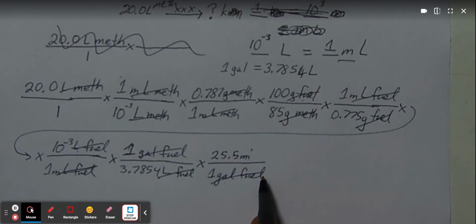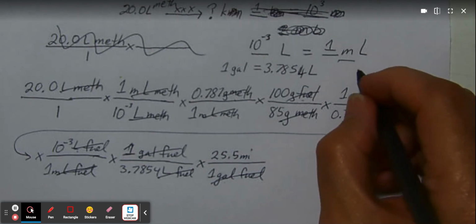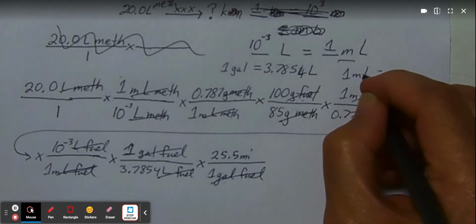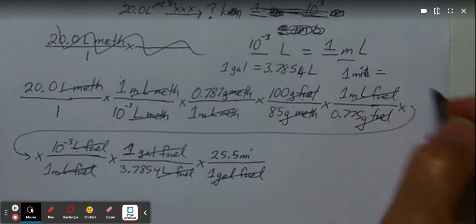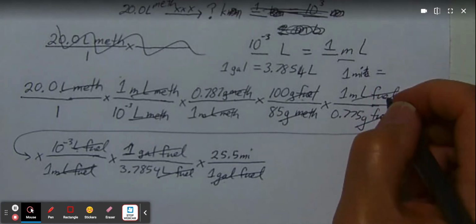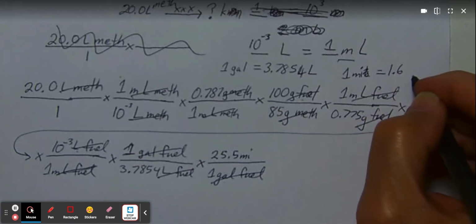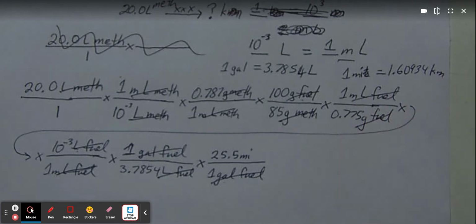We want kilometers. So again, I don't expect you to have that memorized, so you can look it up. The relationship between miles and kilometers is 1 mile is equal to, let's see, 1.6 kilometers.